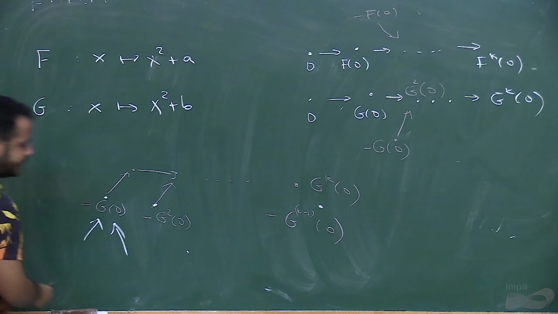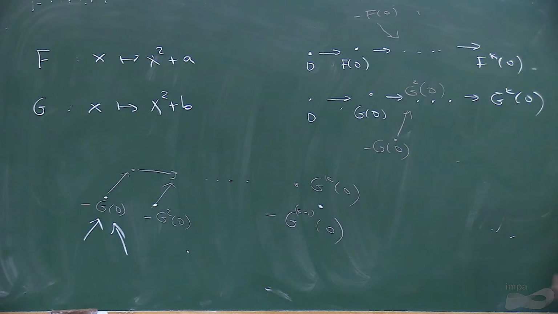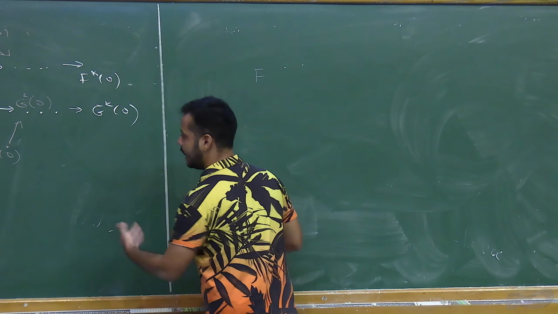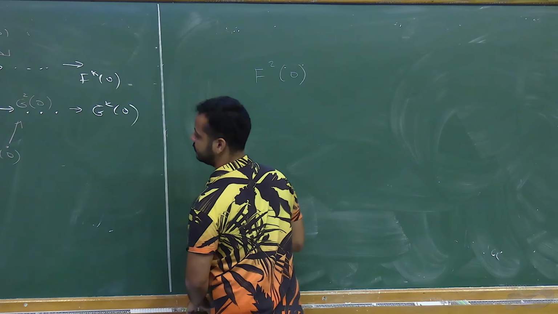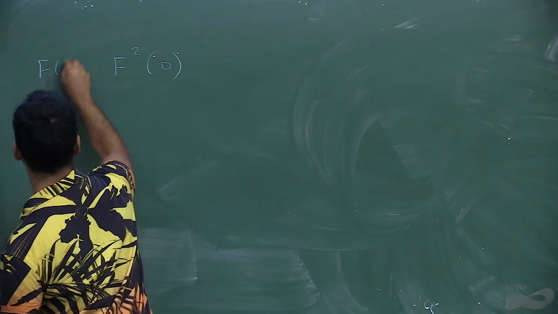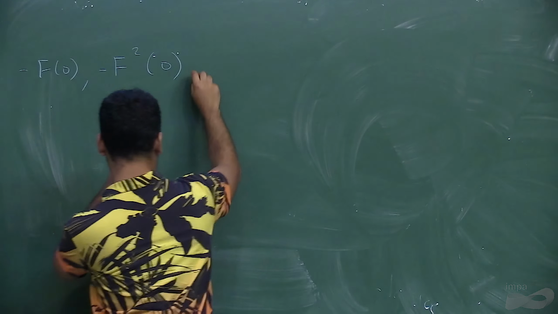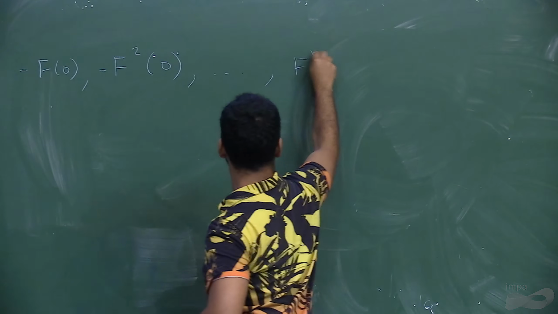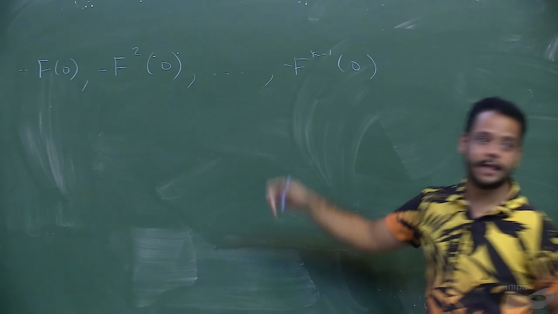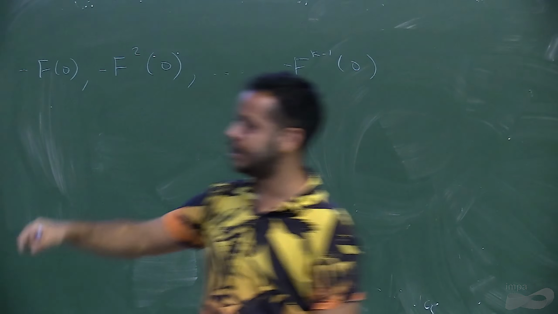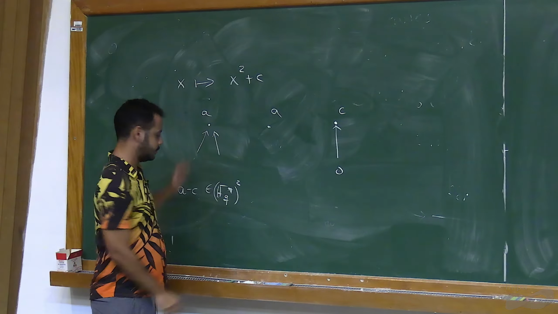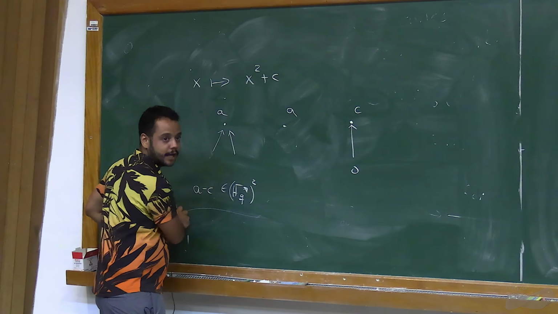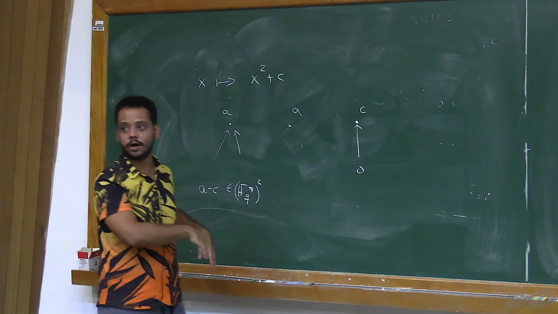And so basically, the idea is, now given the map F, let's say, I'll just pick the values of these guys, right? So minus F0, minus F squared 0, and so on. And then I pick the sign, right? So I can choose that this vertex is of this type or this type. So this is just a quadratic condition. This is a square or not, right?